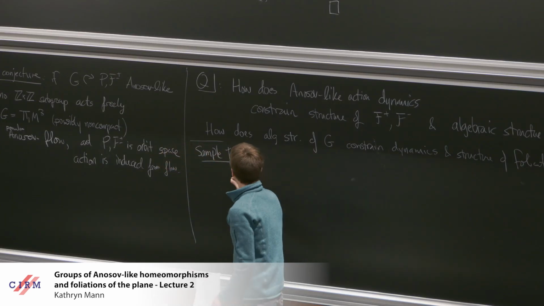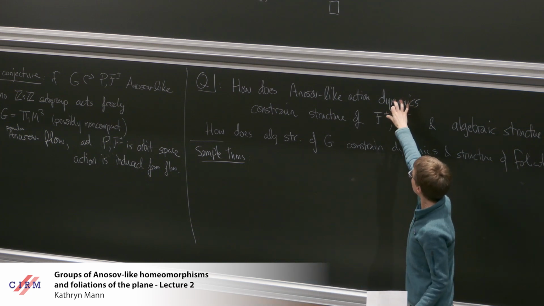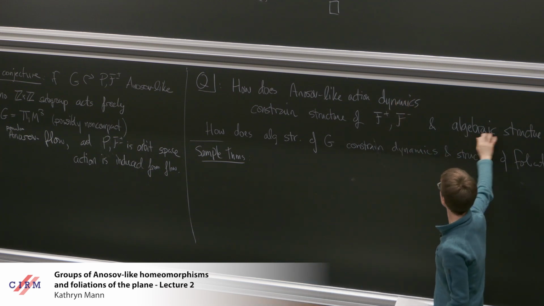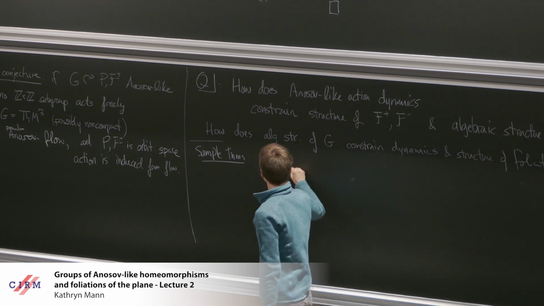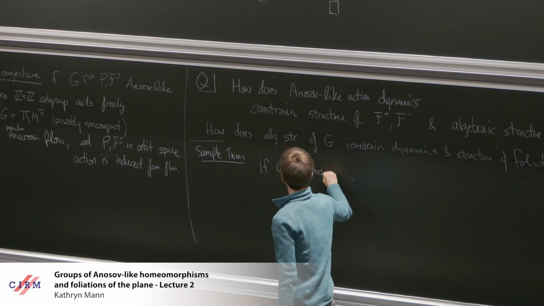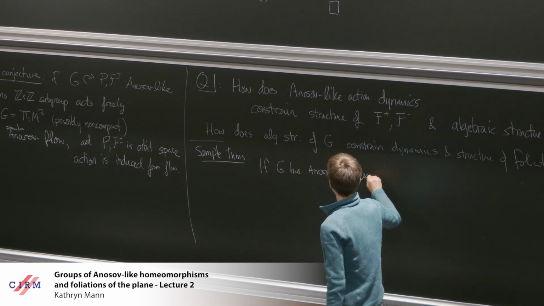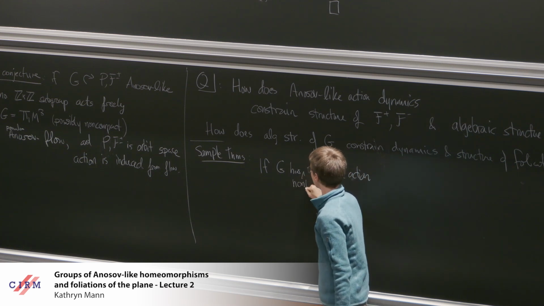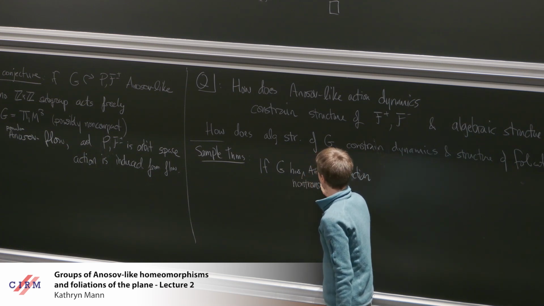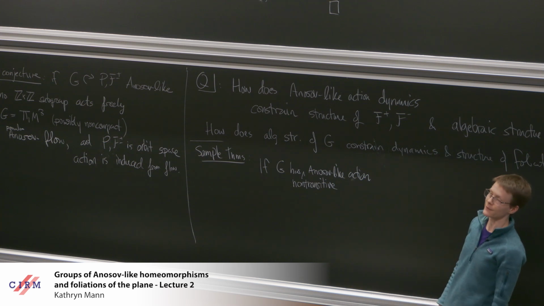Here's a statement about the dynamics constraining the algebraic structure of the group. So if G has an Anosov-like action that is not transitive, so in the flows setting, these come from non-transitive Anosov flows.